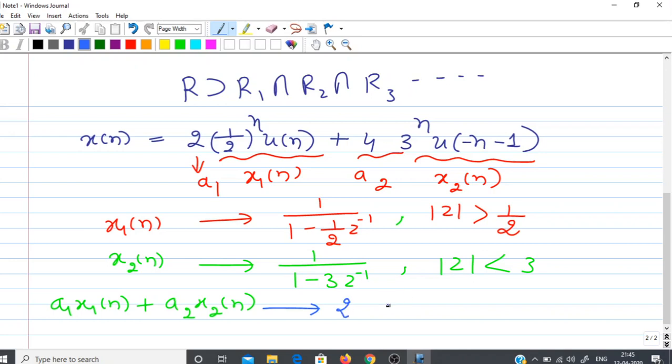What is our X1(z)? It is 1 upon 1 minus half z inverse. Then what is the Z transform of x2(n)? There is a correction. This is not 1 upon 1 minus 3z inverse, but there would be a negative sign as well. So put this minus sign here.